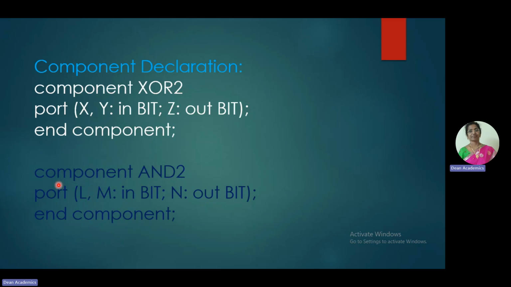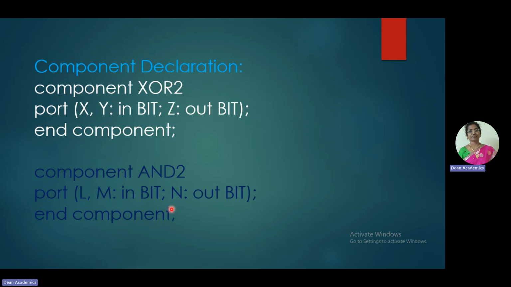And similarly, we write component declaration for AND gate. So for AND gate, we are giving the name AND2. So component AND2, and then port. What are the inputs? L comma M, just some random names we are giving. They are in bit type data, and N is the output port, which is also a bit type data, and then end component. So we are using two components, exclusive OR gate and AND gate.